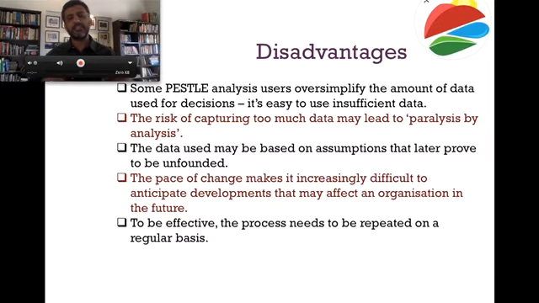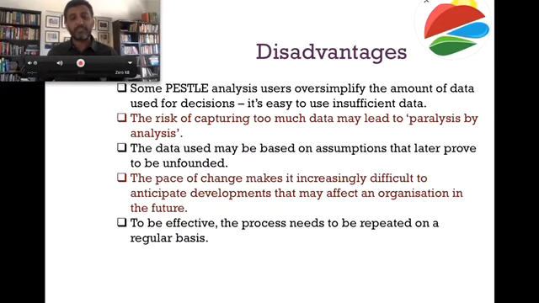The technological changes are happening so fast that it is difficult to predict what will be happening in the next 6 months or 1 year or 2 years down the line. So this is a disadvantage of carrying out this analysis.